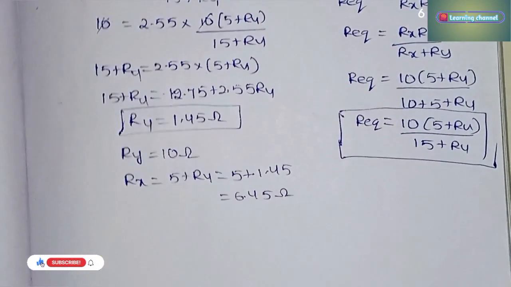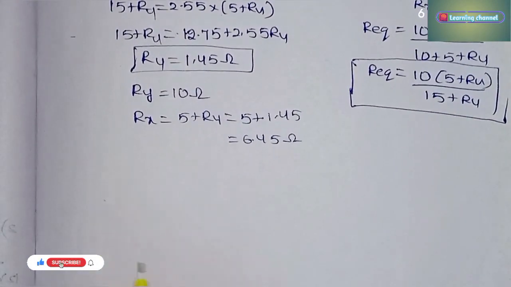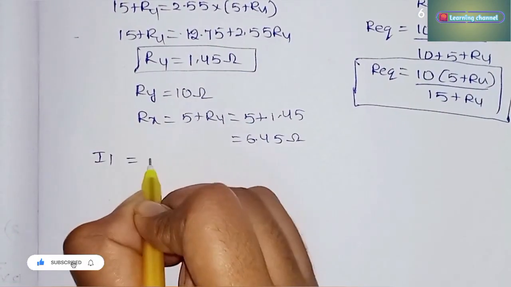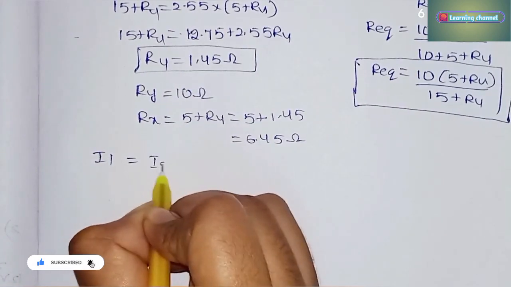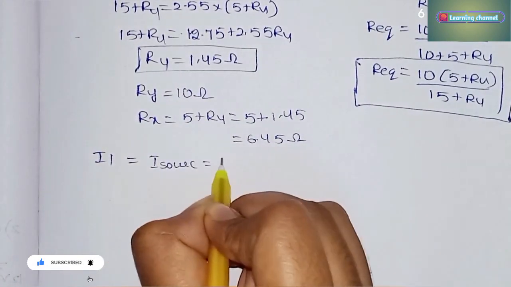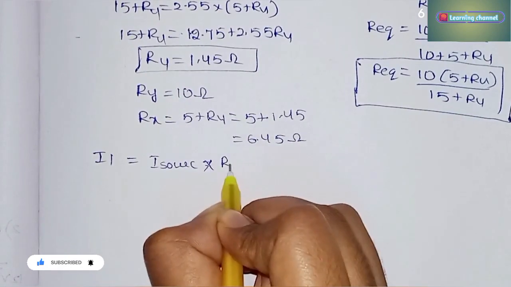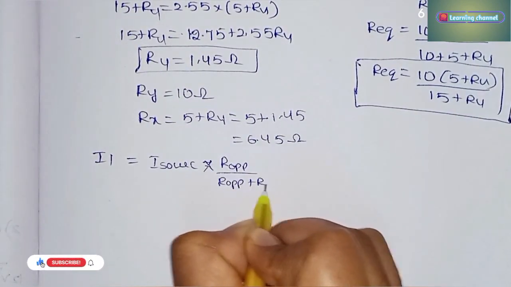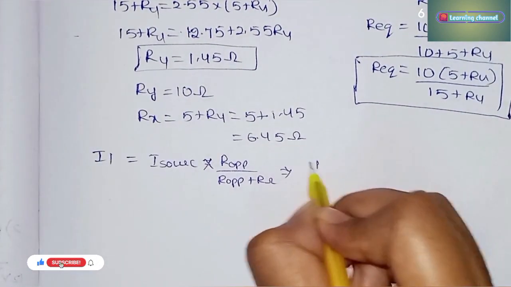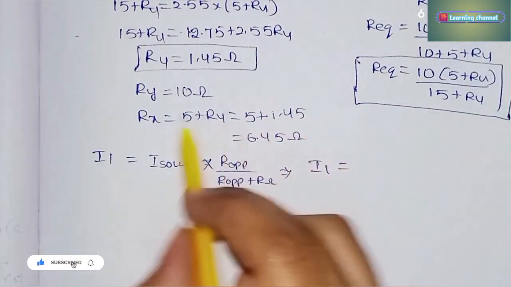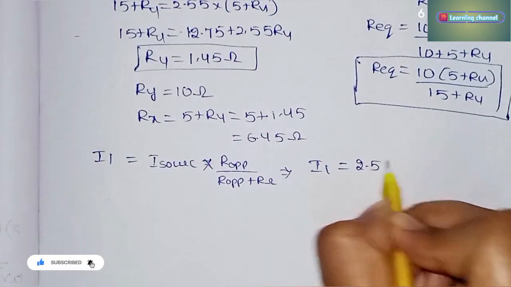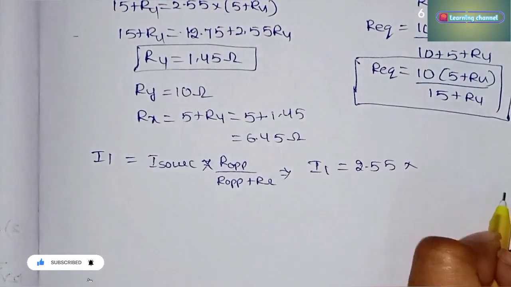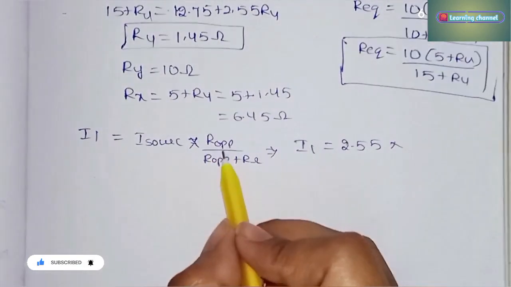Now we can apply the current division law in order to find I1 and I2. I1 is equal to I source into the opposite resistance by R opposite plus R. What is the I source value we have? 2.55 into the opposite resistance.